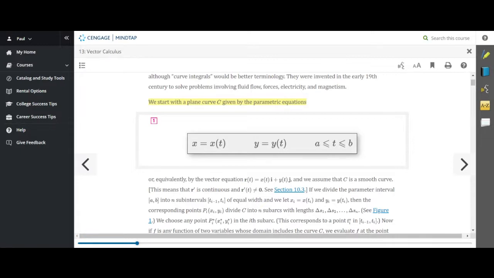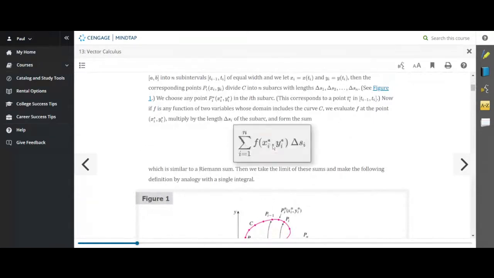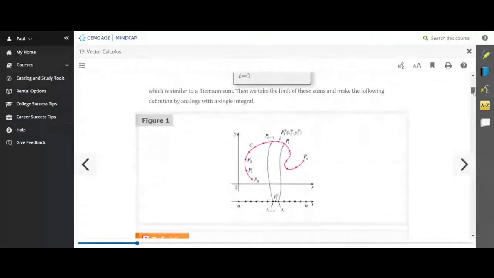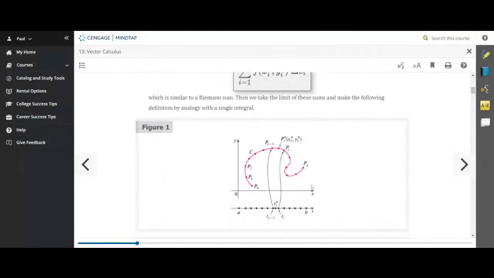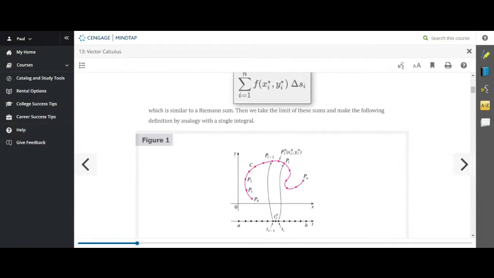So, okay, now what do we want to do? Well, maybe I can have both of these show here in the diagram. One moment. Okay. So you see there in figure one that curve C, and you have these different points on the curve.